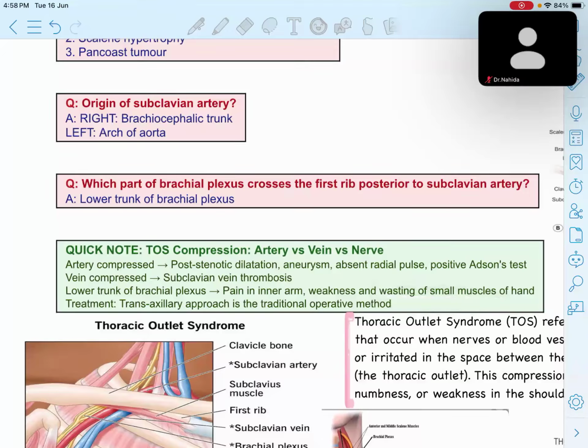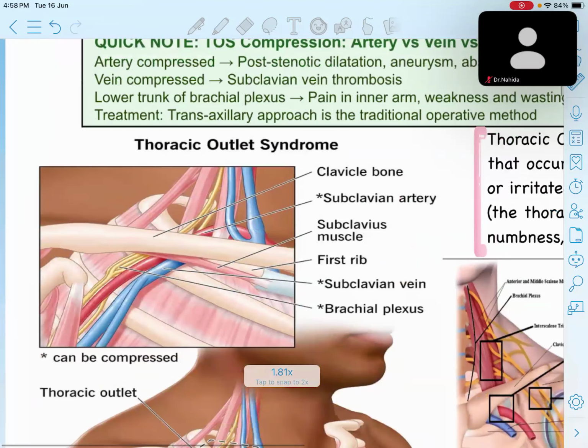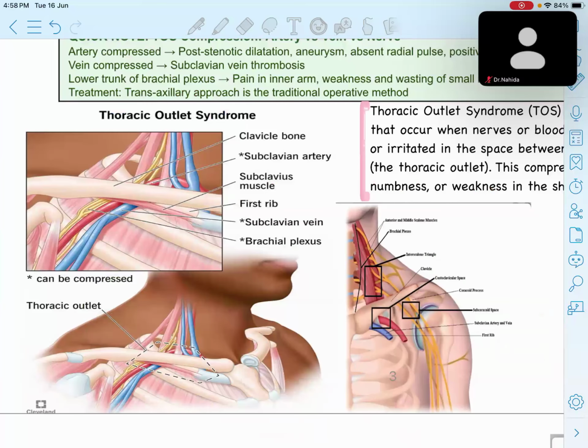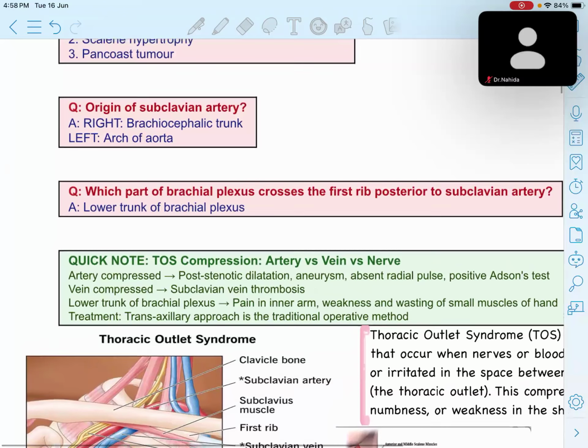What is the treatment? Transaxillary approach is a traditional operative method here. Okay, and this is the image. You are seeing the lower trunk of brachial plexus, subclavian artery, and subclavian vein; if these are compressed, then this will happen: thoracic outlet syndrome, compression.